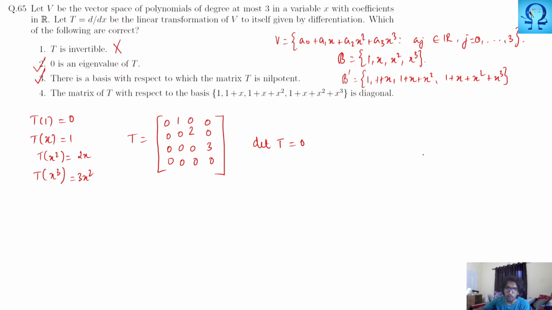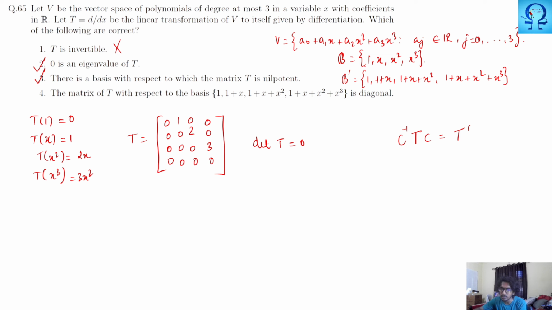So you can multiply this matrix with that invertible matrix, C inverse and C. That would give you another version of T, which I denoted as T prime. That is going to be the matrix of T with respect to this basis.